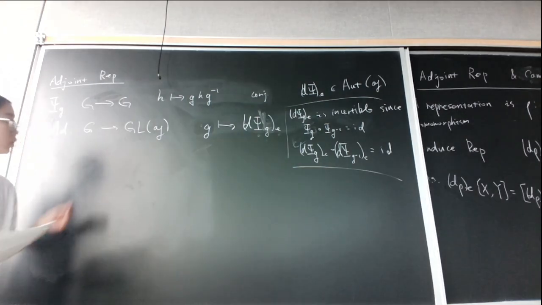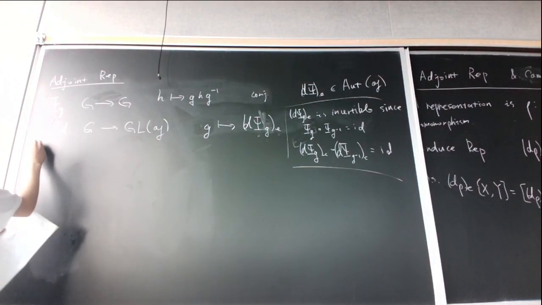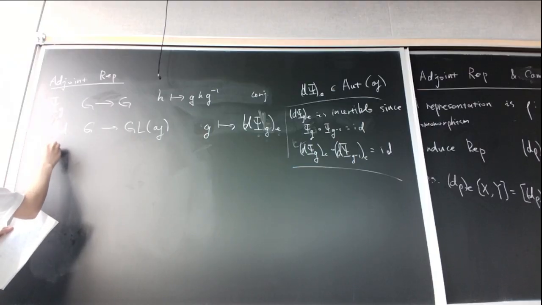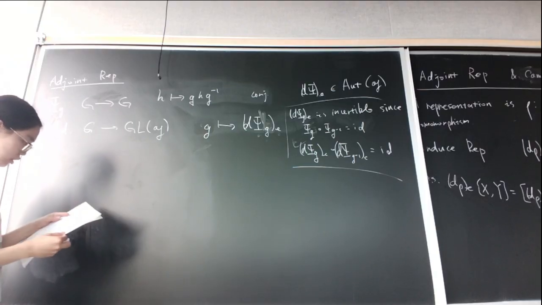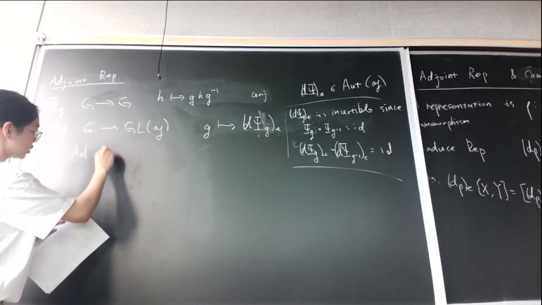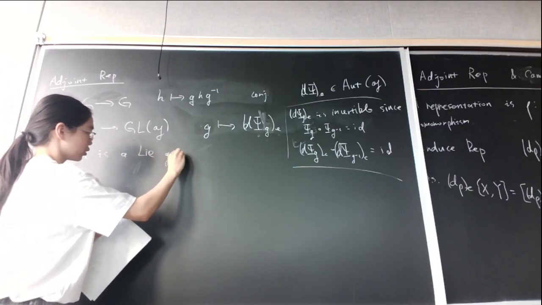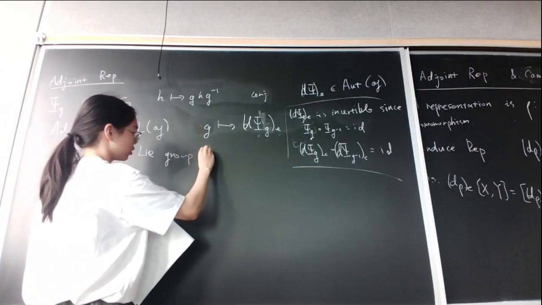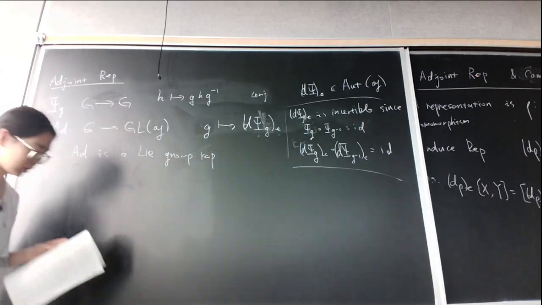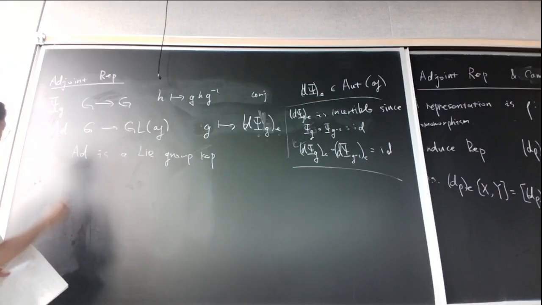Okay, so there's a theorem that we want to prove: AD is a Lie group representation. To prove this, we need to prove two things.